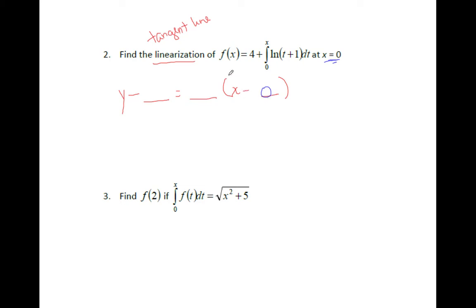So what is f of 0? 4 plus the integral from 0 to 0 of, I don't care how ugly the function is. If you don't go anywhere, what do you got? Nothing. So that whole thing cancels out. So what is f of 0?